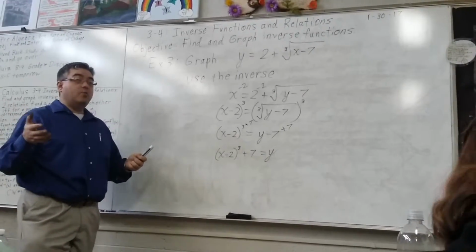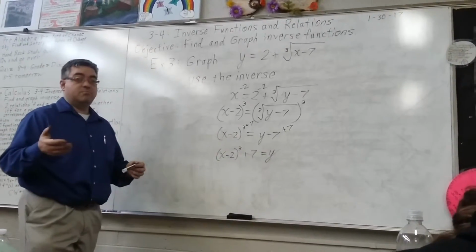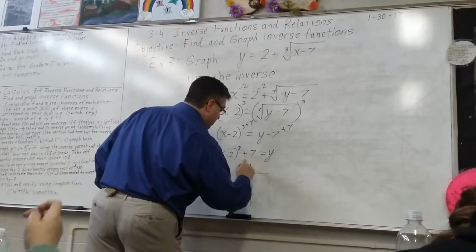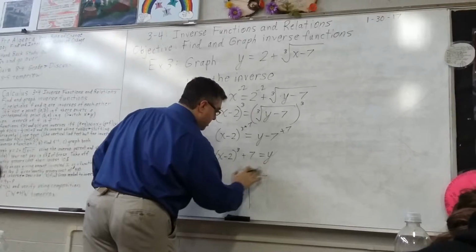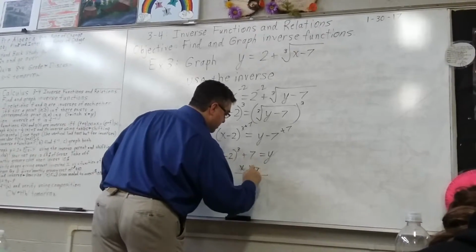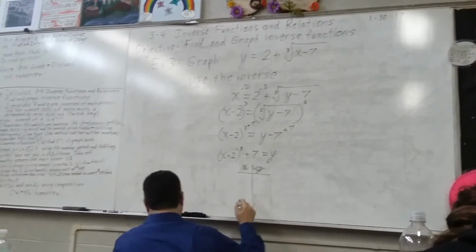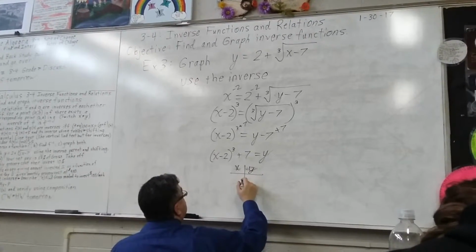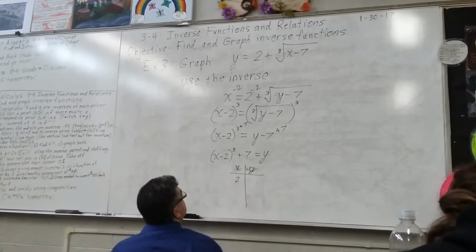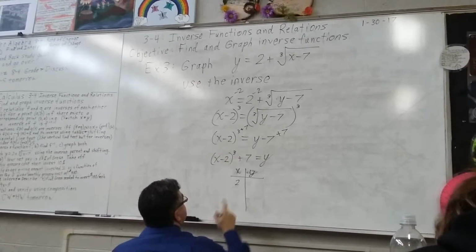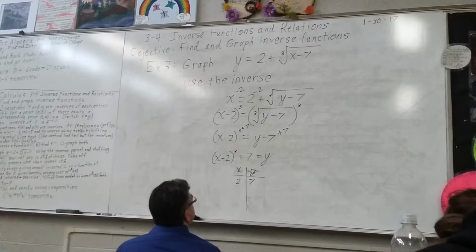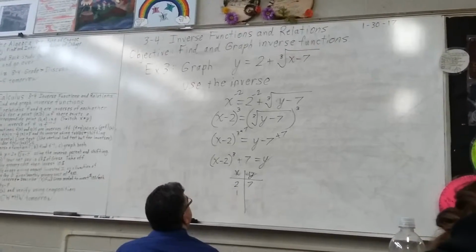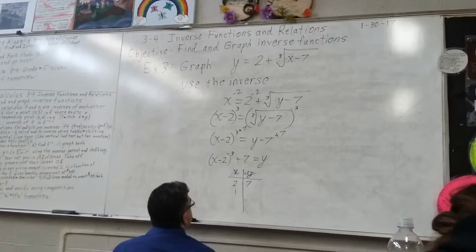You may or may not know the parent function y equals x cubed. If you don't, build a table. Oops, x and y, not y and x. So if I put in, say, 2, that's a clever one to put in because I get 0 plus 7 is 7. 1 would be a good one to put in because 1 minus 2 is negative 1.